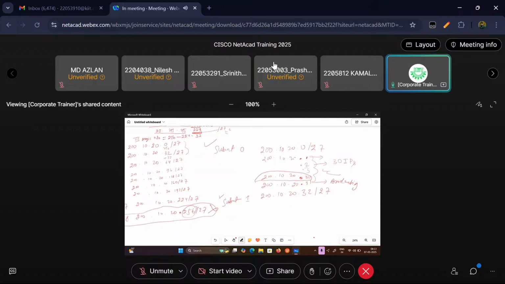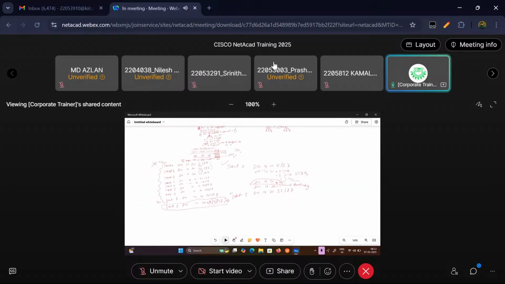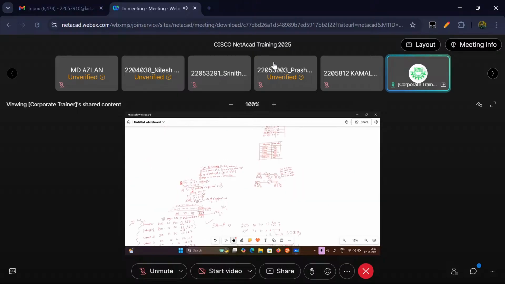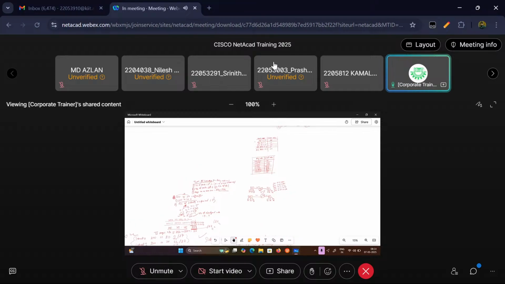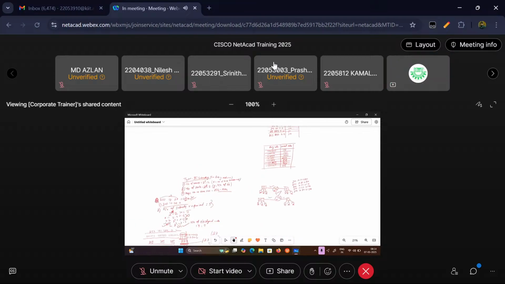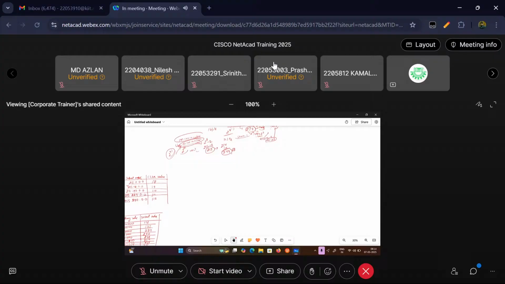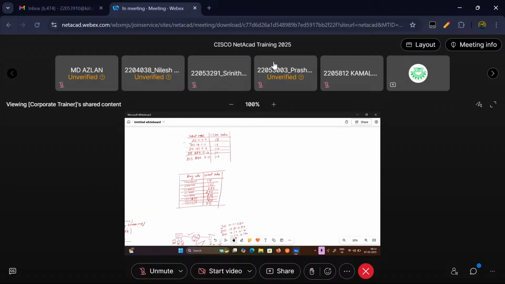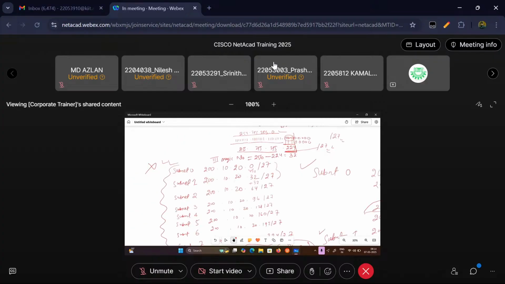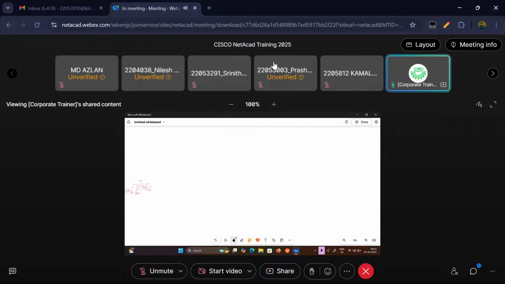Now think of it: when you are using a class C IP address, you have used 5 networks. Just see how much IP wastage you have reduced. Let me find my diagram, the topology I created. Here, this is the 5 networks I have used.